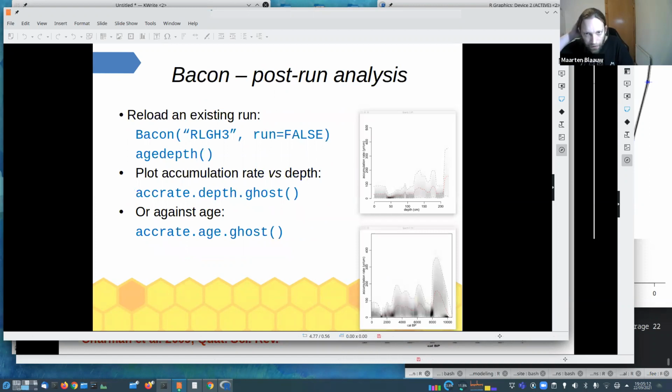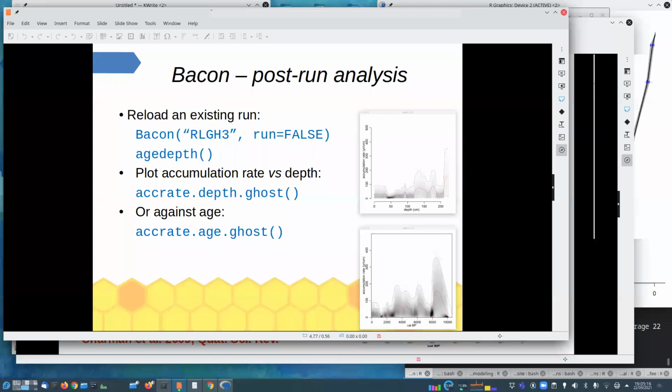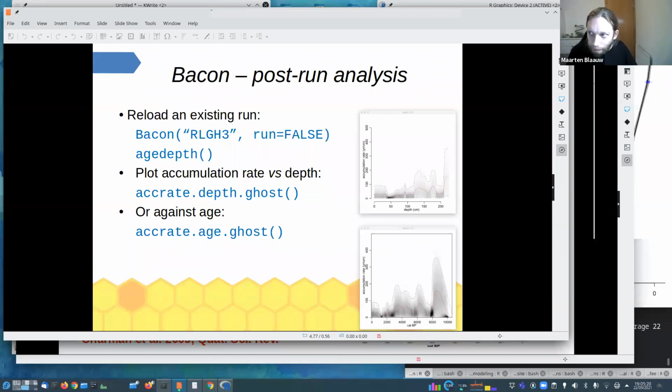As for post-run analysis, you often might run a core and then a few weeks later you want to go back to that core and look at it again. You can do that by loading a previous run: you type Bacon and then the name of the core, and then say run equals false.